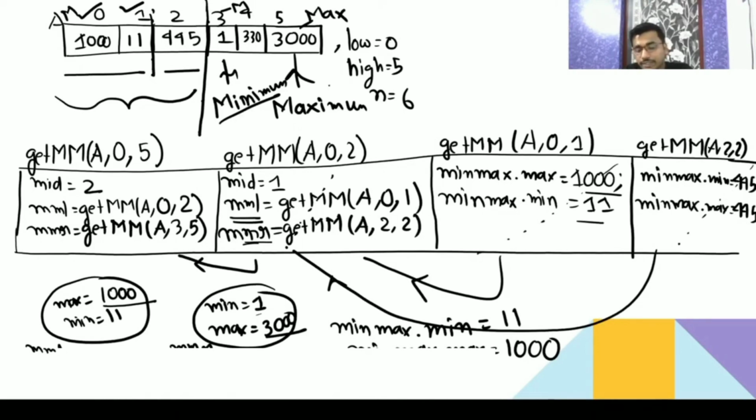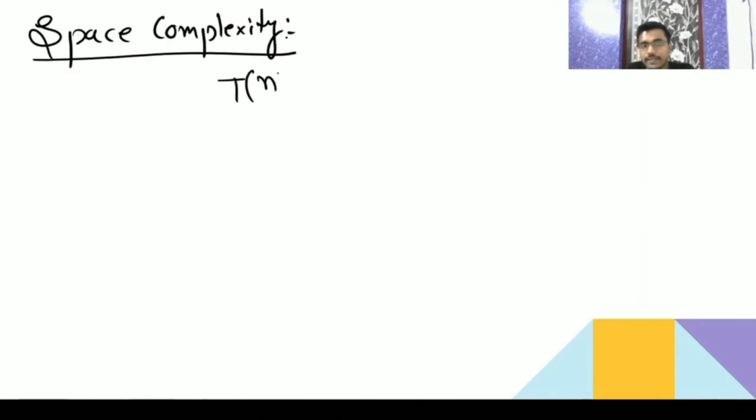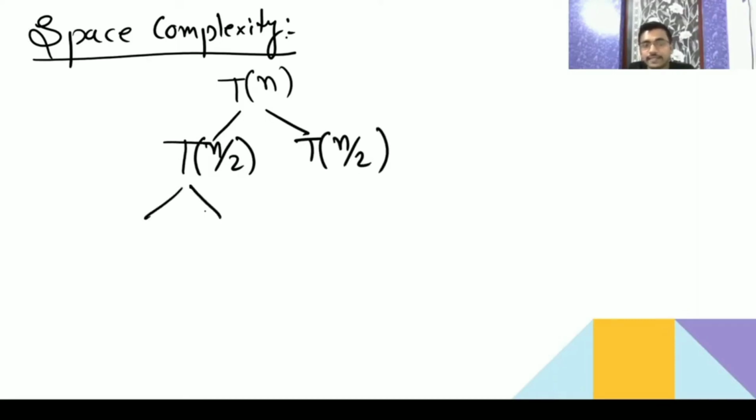So whenever you are doing these things, if you will see, when I did this kind of question, then Tn, then 2 Tn by 2, then again Tn by 4, like this.